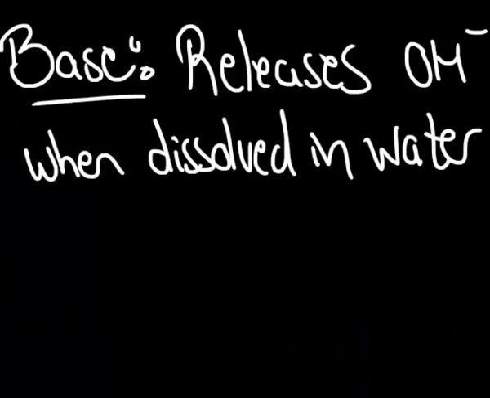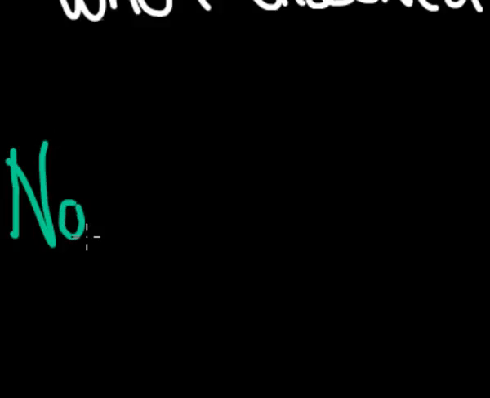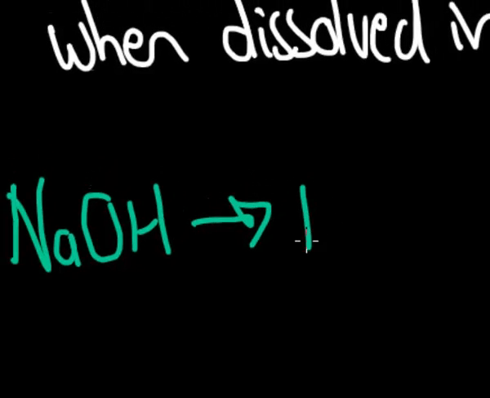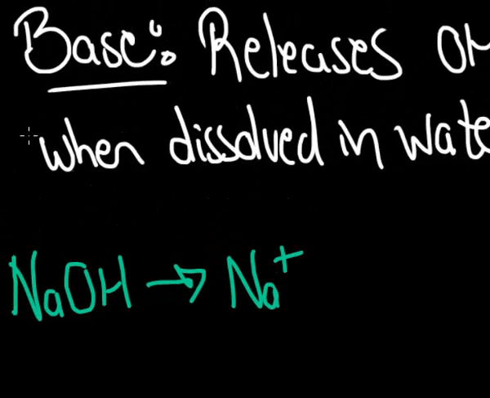Now for a base, the definition according to Arrhenius is that it would release hydroxide ions when dissolved in water. And let's take a look at our sodium hydroxide. Now obviously this is different than it would have been for the acid. If my sodium hydroxide dissolves in water, it breaks up into sodium ions as well as hydroxide ions.